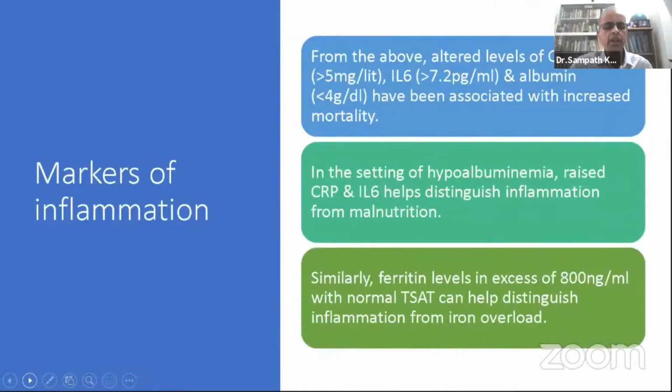And what are the markers? The number of these markers which are being studied is increasing by the day, by the hour. You have the levels of CRP, and the albumin, which is the negative marker of inflammation. IL-6 is an interesting molecule because it has pro and anti-inflammatory effects.